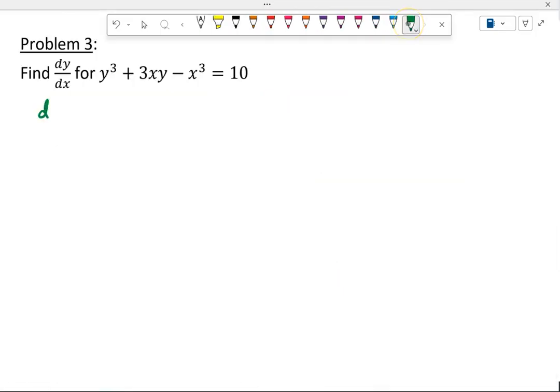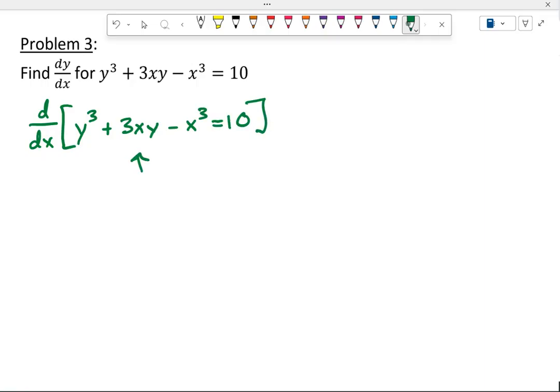I'll give you a little bit more time to try it out, but I want to discuss what is happening on that second term that I just wrote. What rule do we have to use here? Product. How do we separate it? That's our u times v. I would recommend, think of that as 3x times y. So that would be your u, that would be your v.